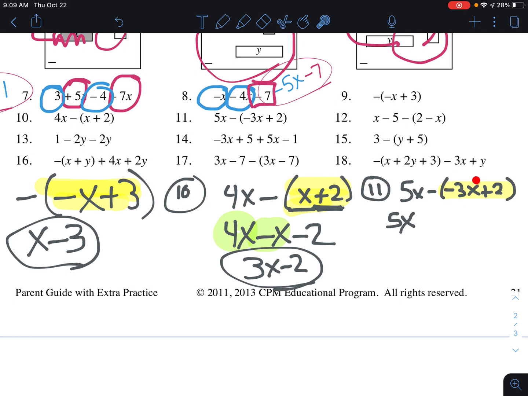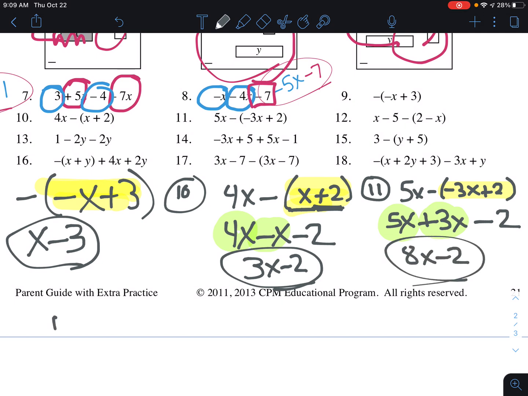This negative 3x in here is now going to become plus 3x, and this positive or plus 2 is now going to become a minus 2. And now I've got like terms, so we can add a 5x plus a 3x together, and that leaves me with 8x minus 2.